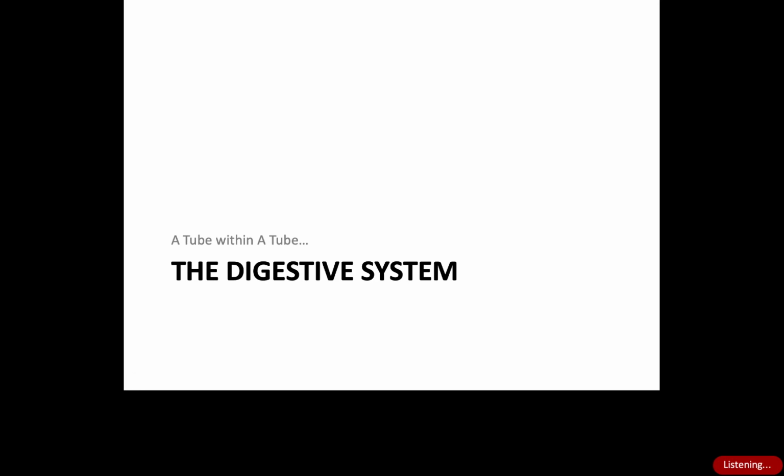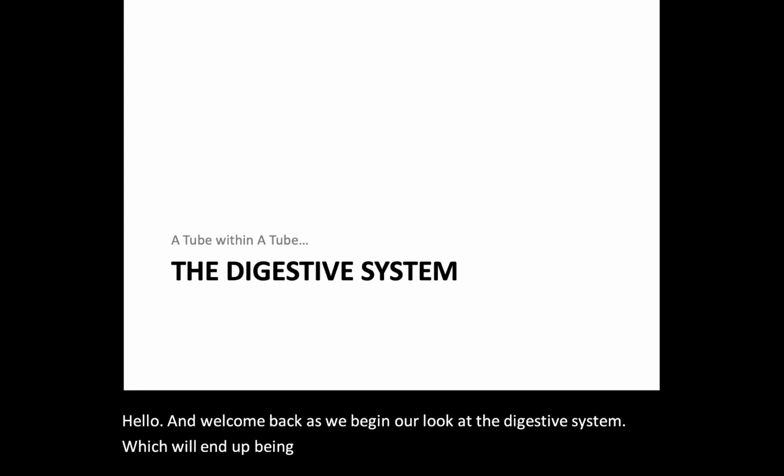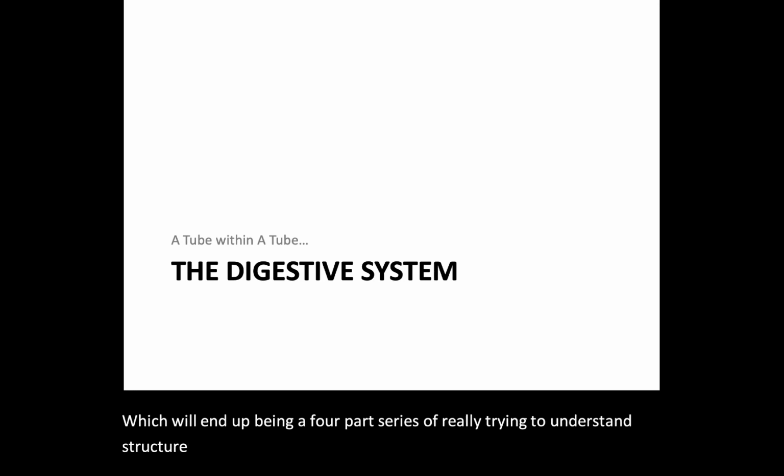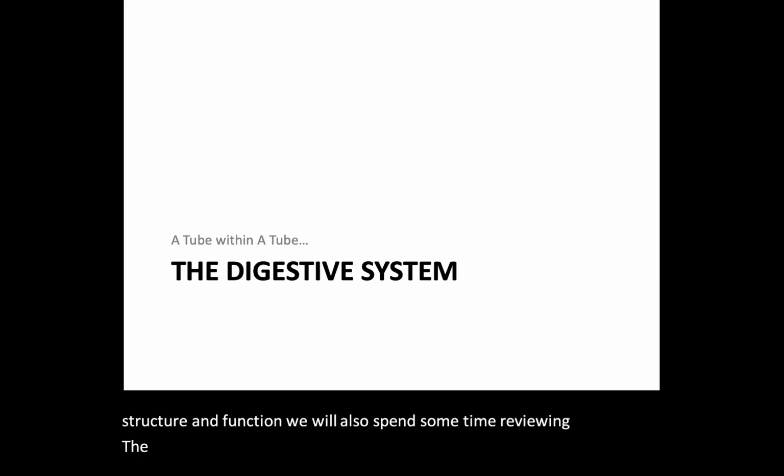Hello and welcome back as we begin our look at the digestive system, which will end up being a four-part series of really trying to understand structure and function within the digestive system. And as we look at structure and function, we will also spend some time reviewing the histology of the digestive system.